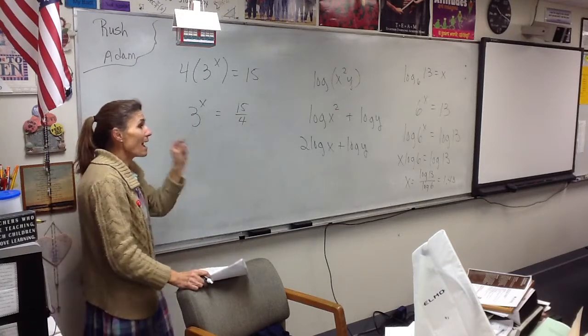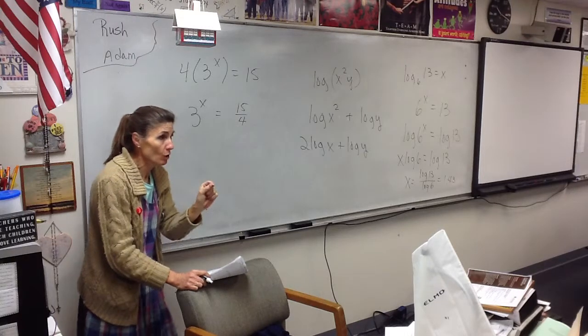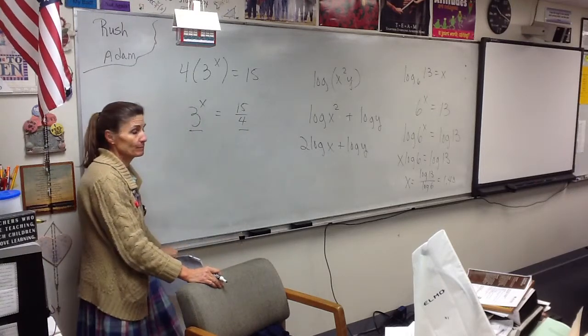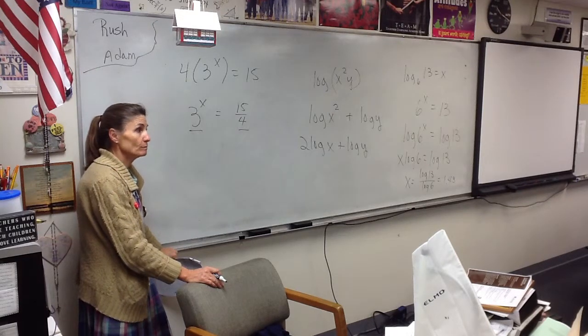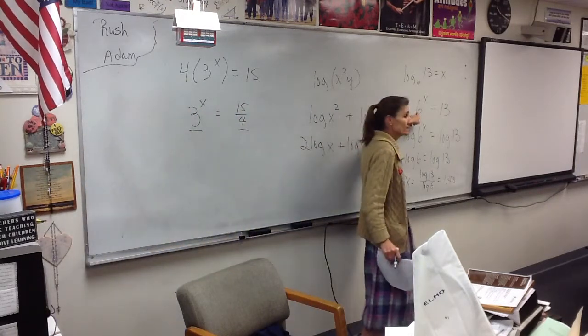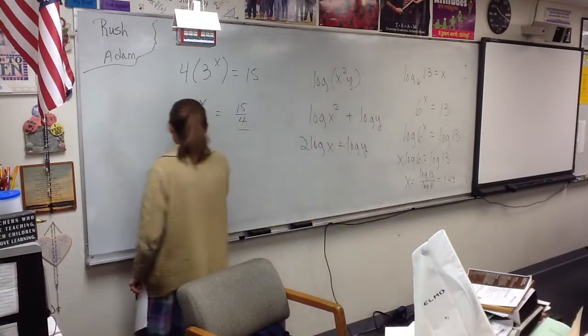Now we're right back to where we were before. In a perfect world, you would get these two to match. That is not going to happen. So what do we have to do? What did we do over here? We have to take the logarithm of both sides.